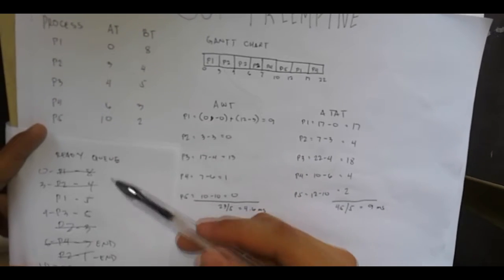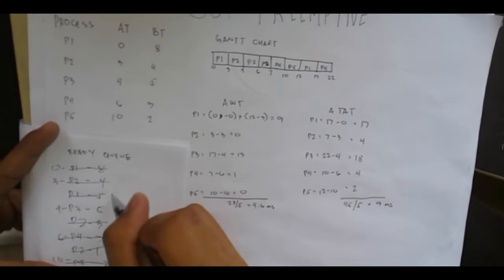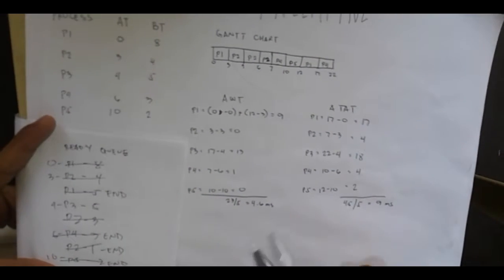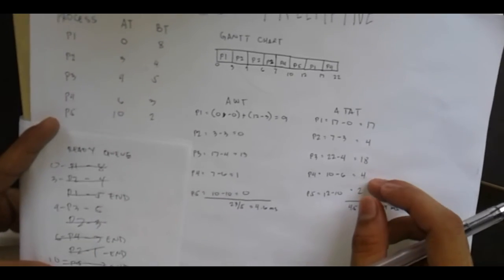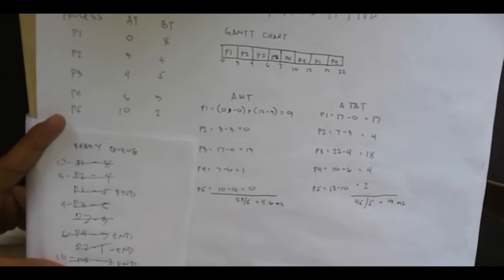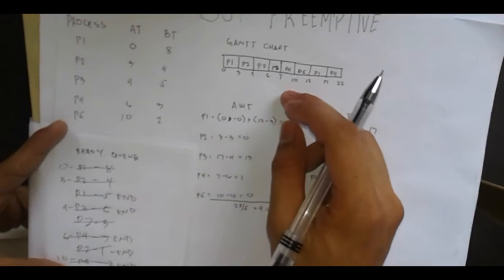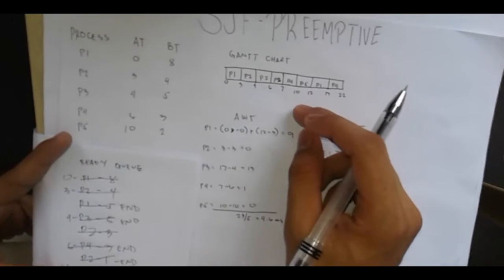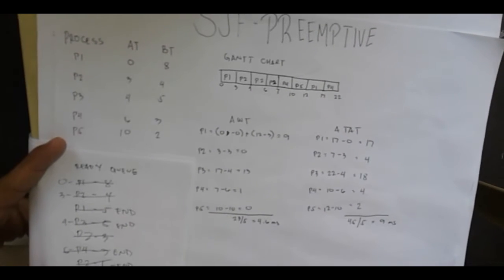So P1 will run till time 17 and it will be ended at time 17. Then no other process remains than P3, so it will run till time 22 and will be ended at that time. So we're finished with the Gantt chart. We will now compute the average waiting time and the average turnaround time.